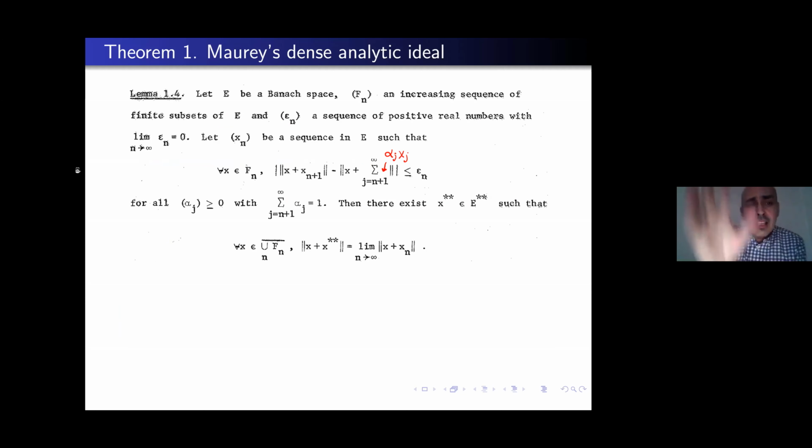But simply, Mory here is proving his theorems, and he defines some class of sequences, where he fixed some epsilons and some increasing sequence of finite sets that he wants for this lemma. He's defining a class of subsequences x_n with a property, where somewhere I corrected some mistake from the paper in red.